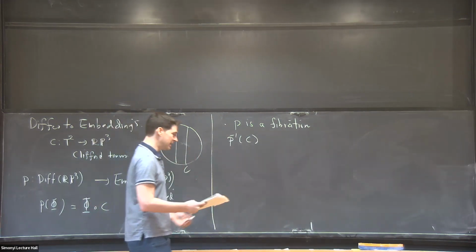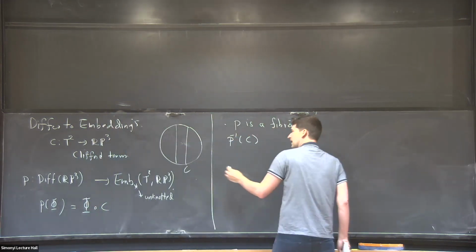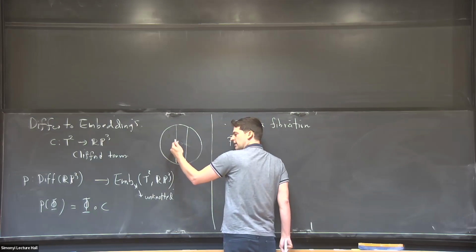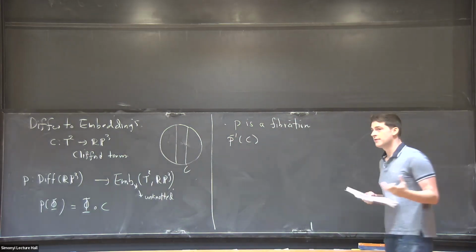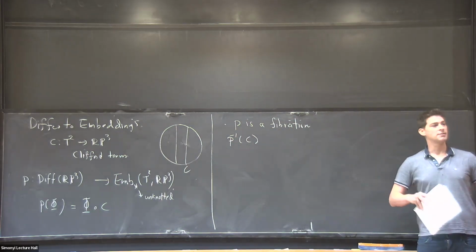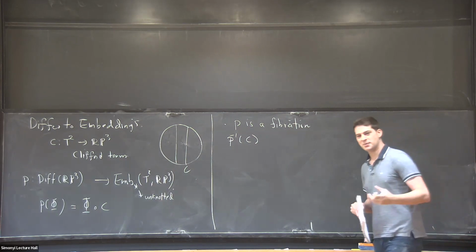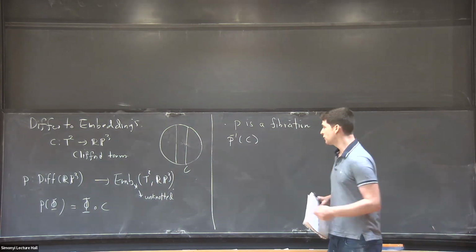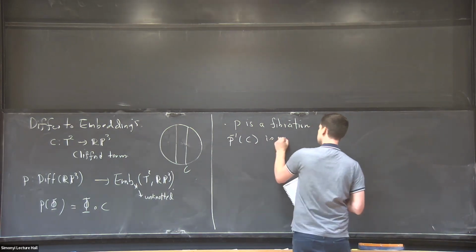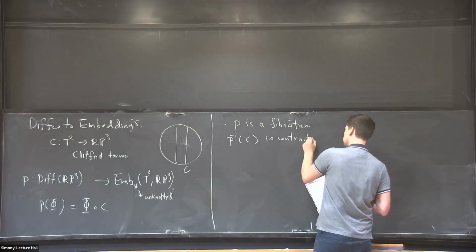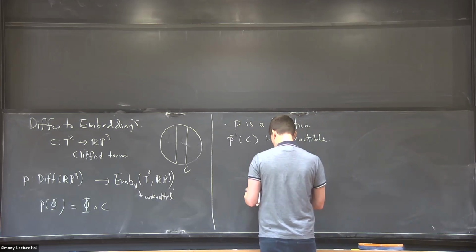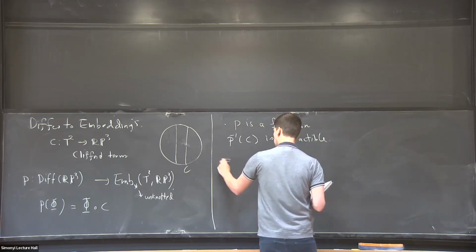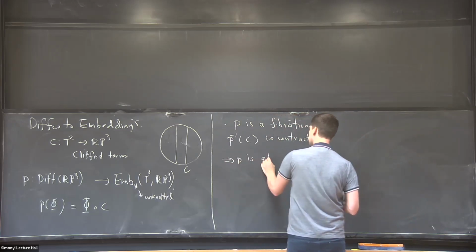But I explained that actually that's trivial, because the diffeomorphisms of a handle body, that's why I mentioned this thing about Haken manifolds, are trivial. So the fiber is contractible. And that means we actually have a homotopy equivalence. So this map P is a homotopy equivalence.